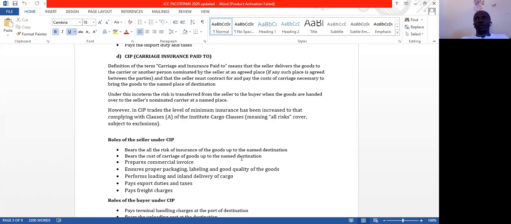Okay, so here the seller is the one who nominates the carrier, and he bears the cost and the risk of carrying these goods up to the point which has been named place of destination.